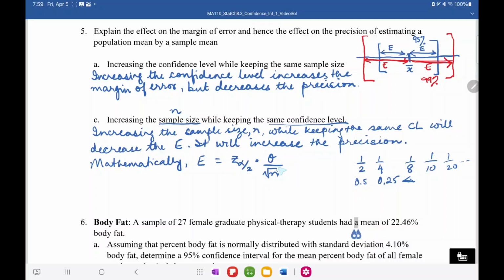So we are multiplying the z of alpha by 2 value with a smaller quotient when we increase n. So therefore the margin of error is also going to decrease. So that's how, as we increase the sample size n, the margin of error decreases, and when we have a smaller margin of error, we have to be more precise in our estimation. So that's how the precision increases, right?